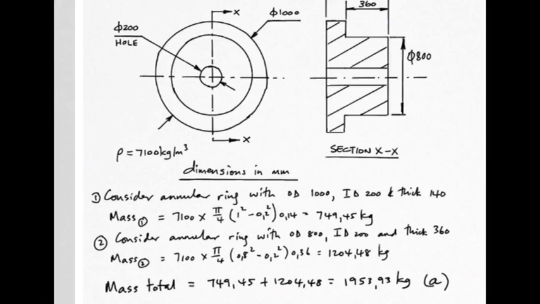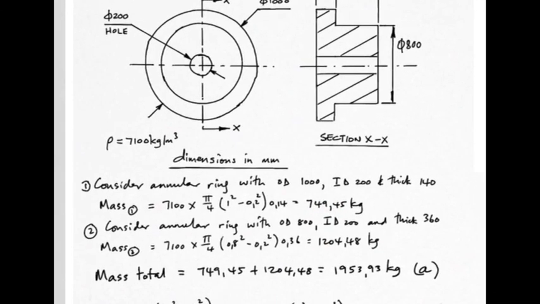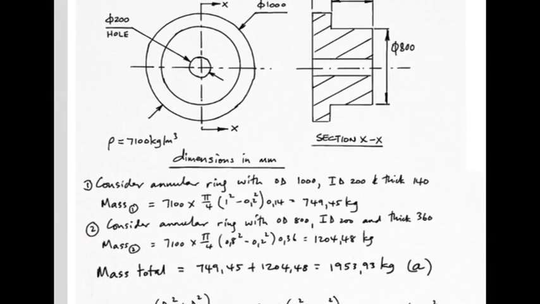As before, we find the mass of each piece, and we've broken it up into two pieces. The annular ring with OD, outside diameter, 1000, ID 200 and thickness 140. That's piece 1. And then piece 2, each has these masses over here. So the total mass of the whole rotating object is 1953.93 kilograms.